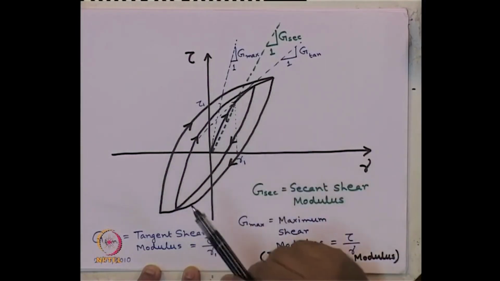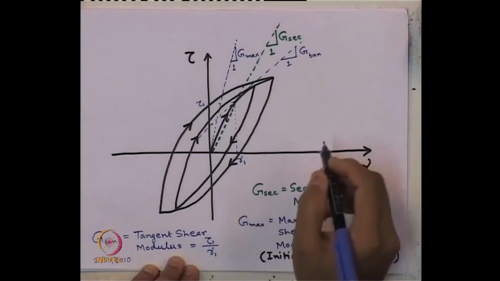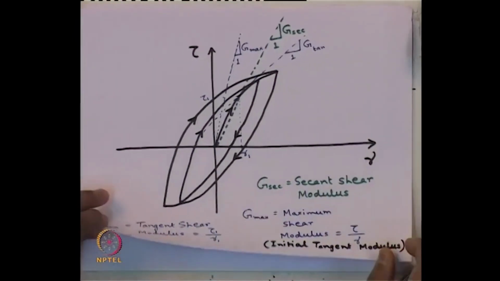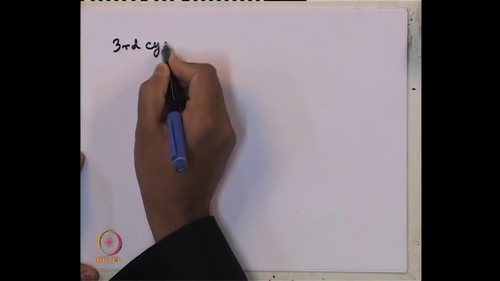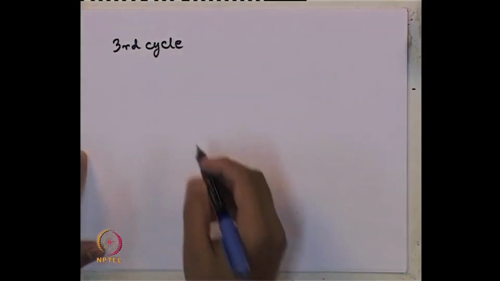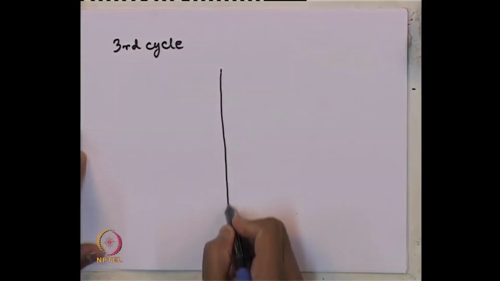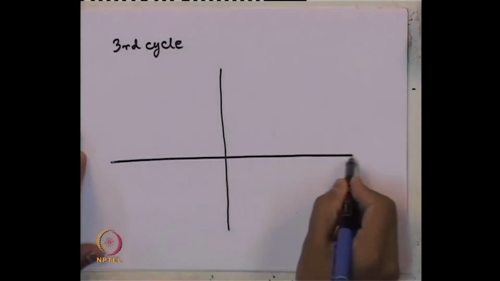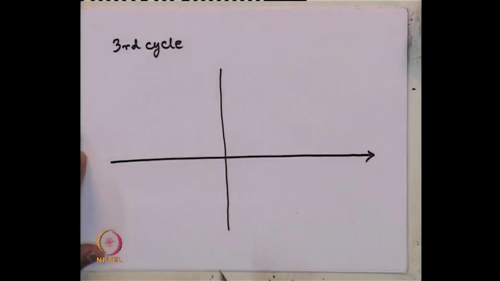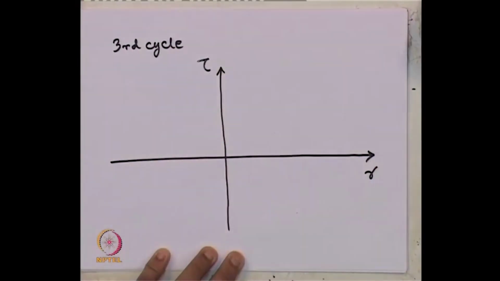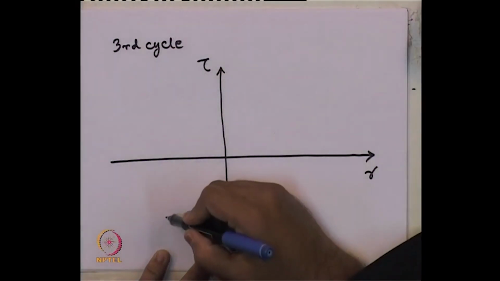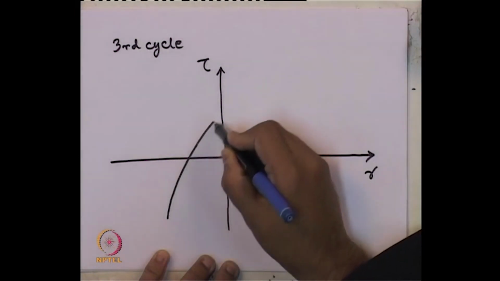Now, among these curves, the third cycle is called the representative cycle. Third cycle of the hysteresis curve is called a representative cycle to compute the value of damping ratio. So, now let me plot the hysteresis curve for a typical third cycle.